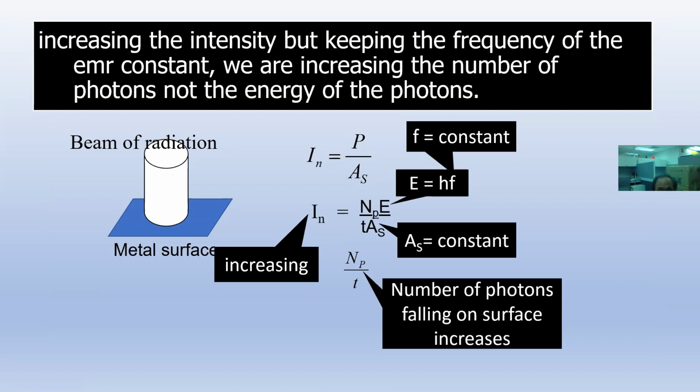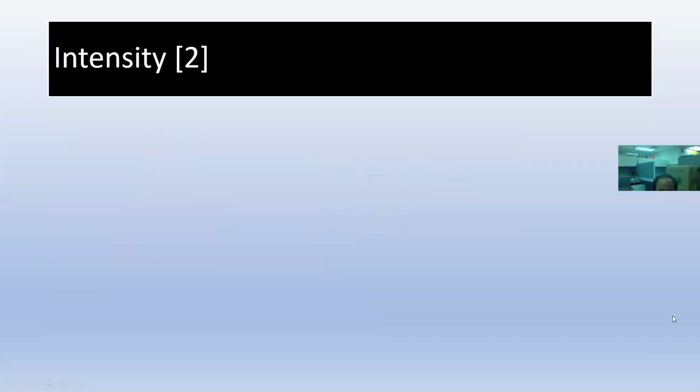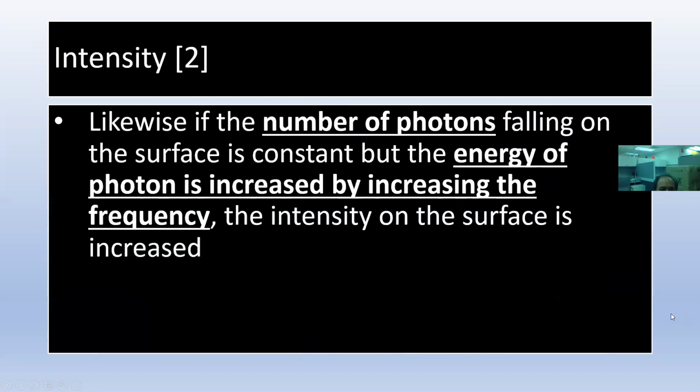Okay, then let's see if it's wave, different. Wave, this is the total energy. If we increase the intensity, we are increasing the total energy falling on the surface. Likewise, if the number of photons falling on the surface is constant, NP over T, but the energy of the photon is increased by increasing the frequency, the intensity on the surface is increased.